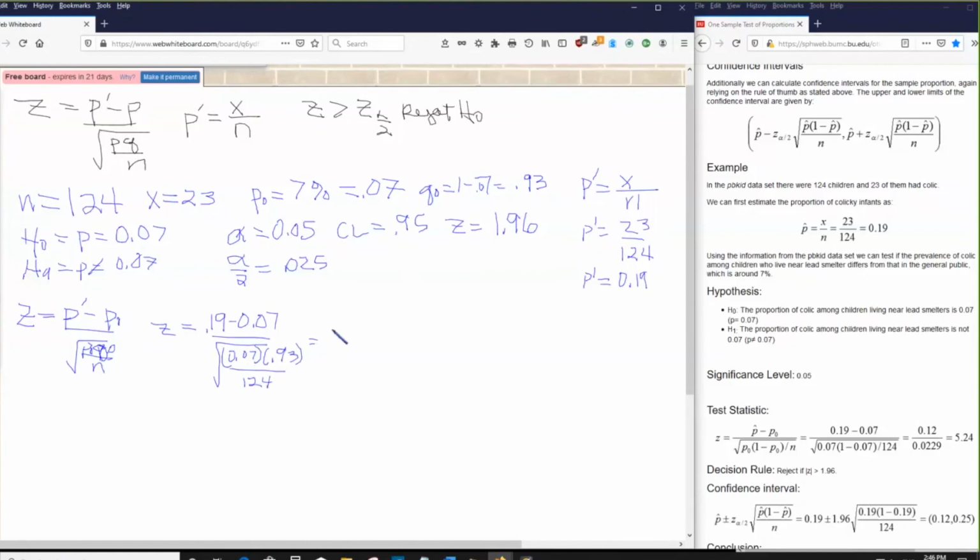And that's going to give me 0.12 divided by 0.0229, which is going to equal 5.24. So then I see if my z is greater than z of alpha over 2. That means I've got 5.24 greater than 1.96. So that would tell me I'm going to reject the null hypothesis.